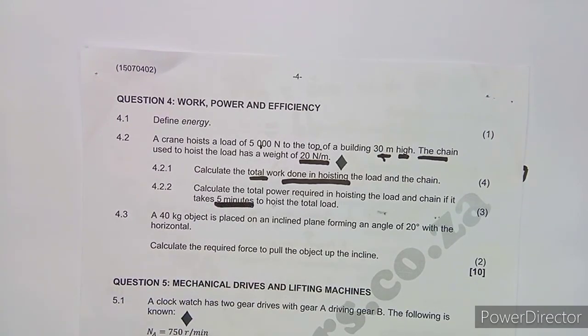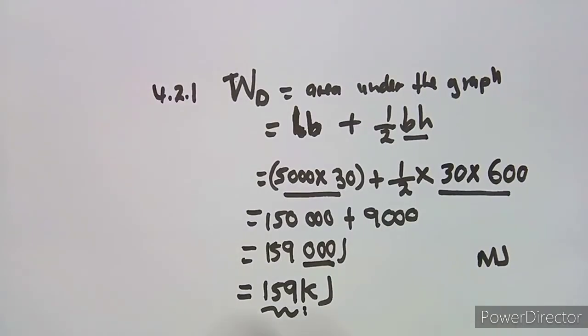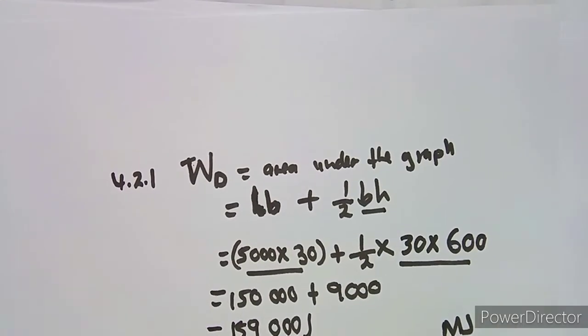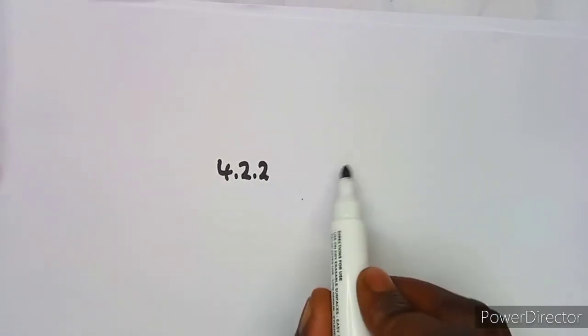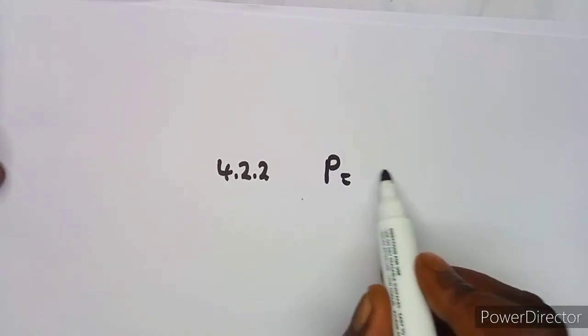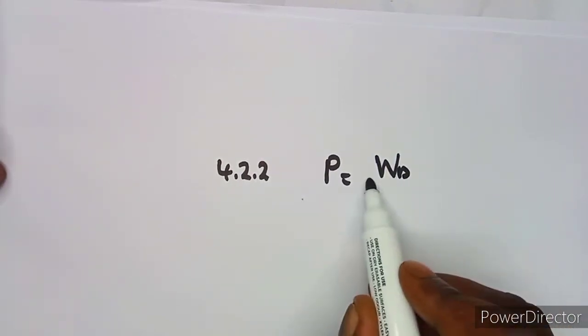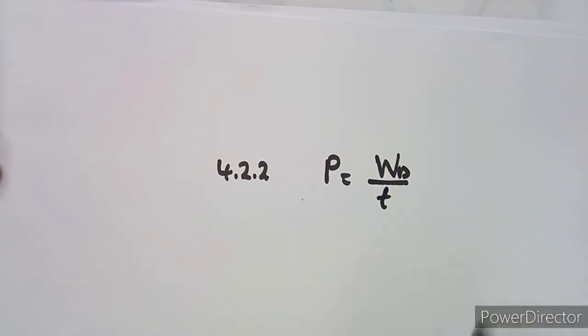So we have a relationship between the work done and the time. We know that we've got a strong relationship between these two. What is this relationship? We know that the power is equivalent to the work done over the time, but this time should be in seconds. So take note about that.